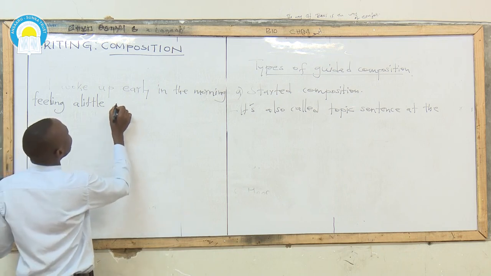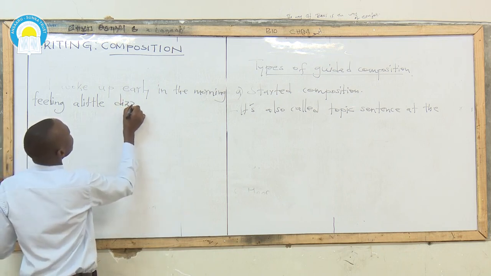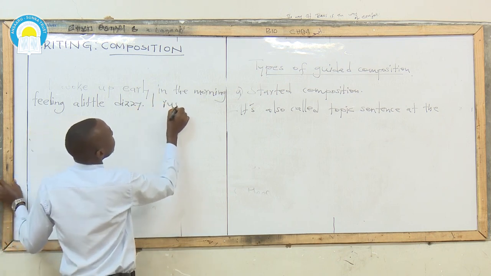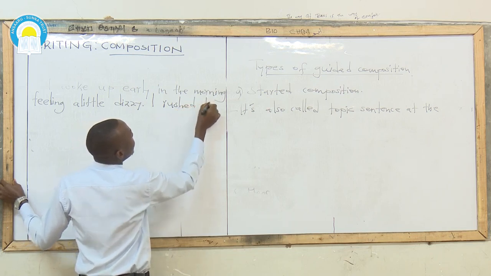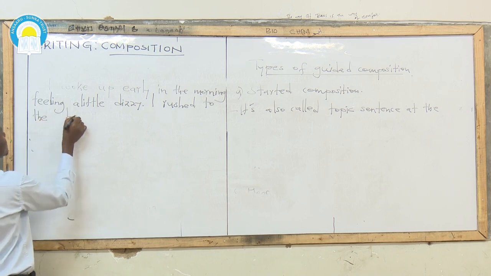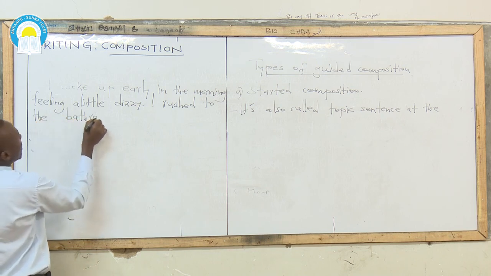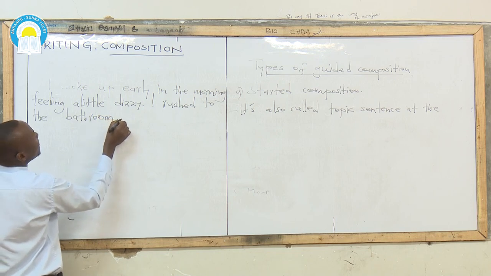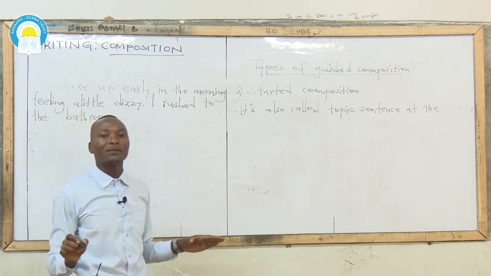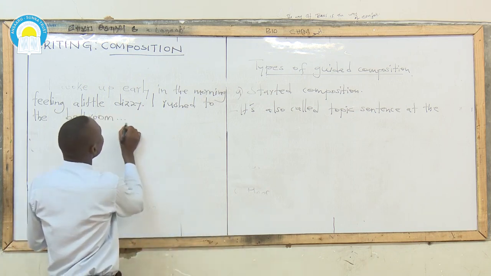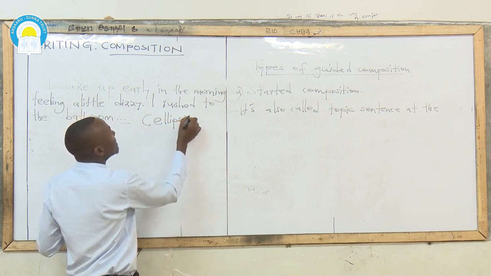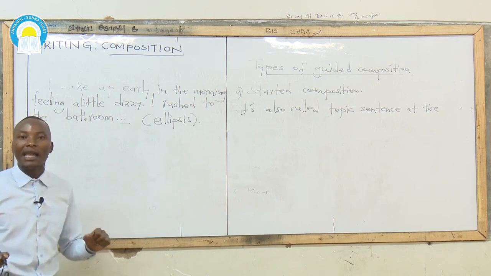Feeling a little bit dizzy, comma, or full stop. I rushed to the bathroom. Then we have the 3 dots. Then the learner is told to complete the composition, making it as interesting as possible. Now, these 3 dots are called ellipses.